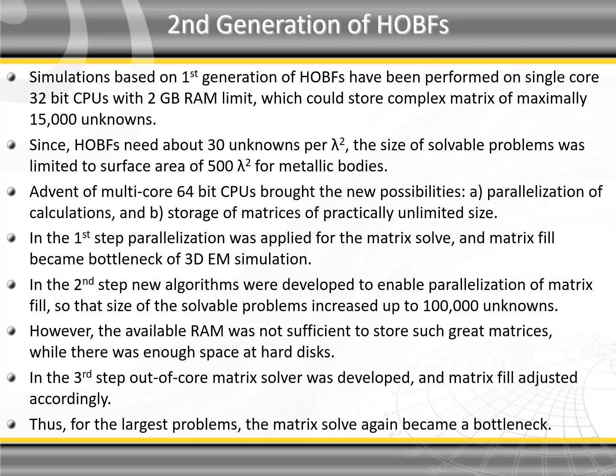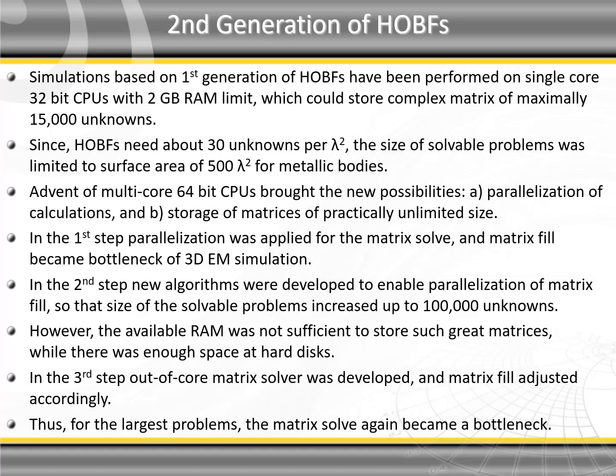The advent of multi-core 64-bit CPUs brought new possibilities: parallelization of calculations and storage of matrices of practically unlimited size. In the first step, parallelization was applied for the matrix solve, and matrix fill became the bottleneck of 3DM simulation.